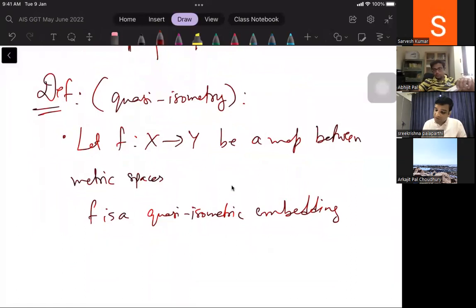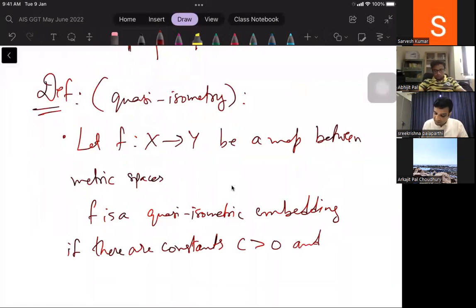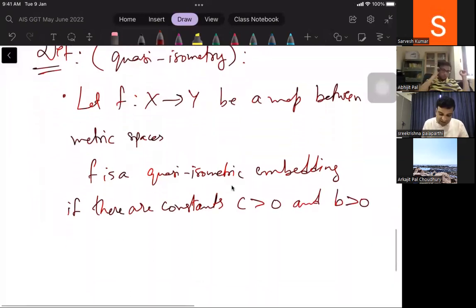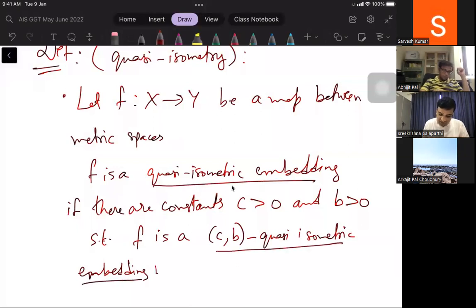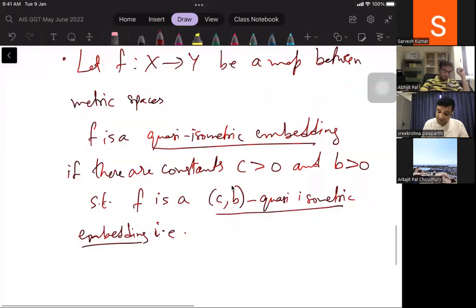Like isometric embedding, it's a quasi isometric embedding if there are constants C greater than 0 and B greater than 0, such that f is a CB quasi isometric embedding. What is that? What is a CB quasi isometric embedding?